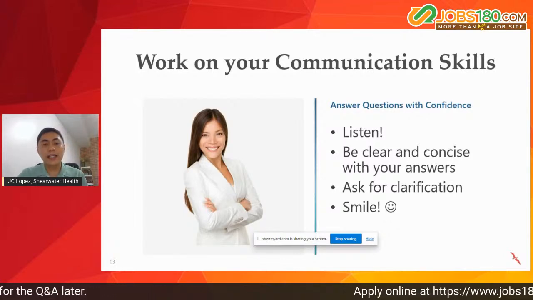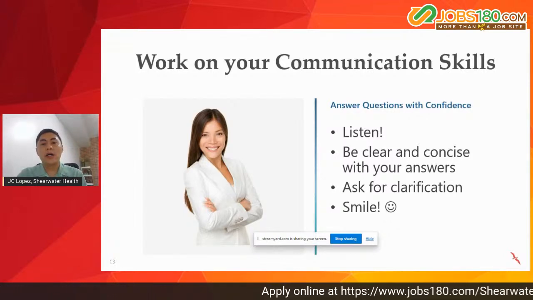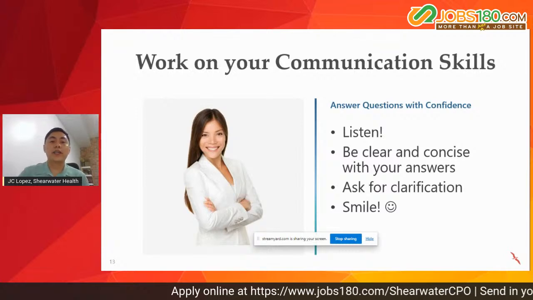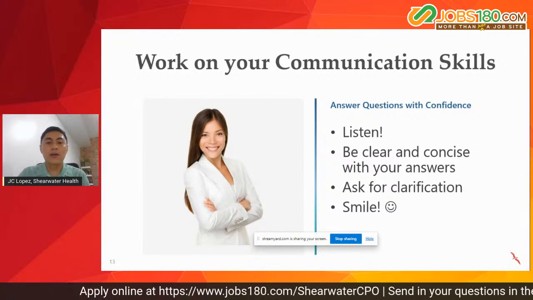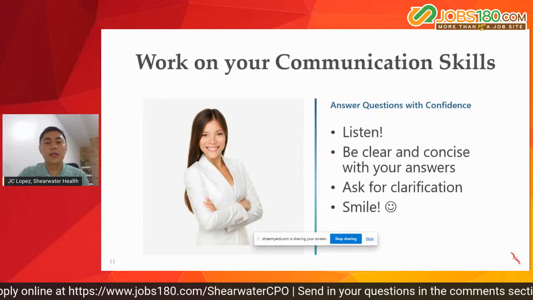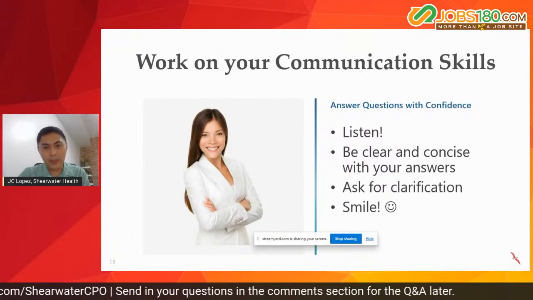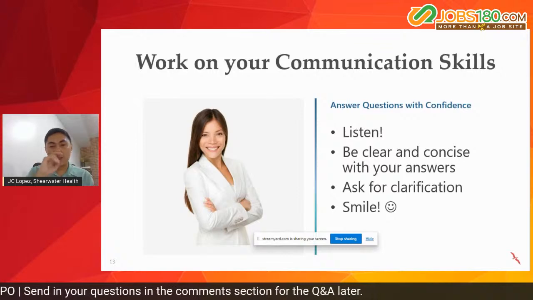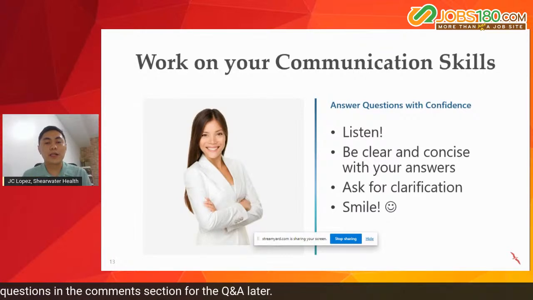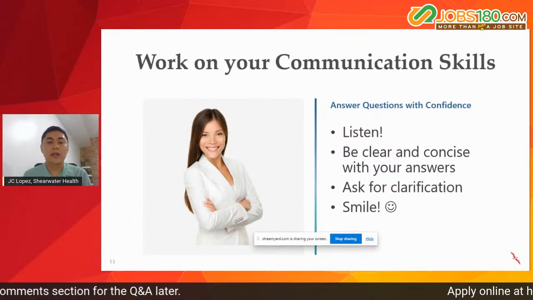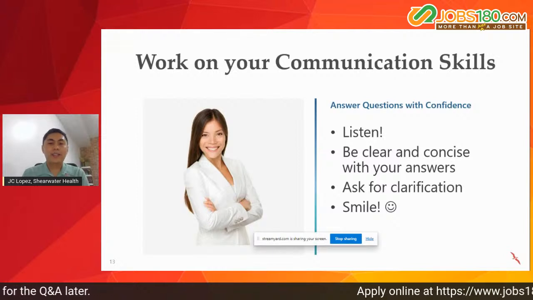Or a company that is catering to local clients. Kasi doon, pwede kayo mag-Tagalog or mag local dialect or local language, right? But if it's a multinational company, which most of the applicants would look out for, expect always that you will have to speak in English at all times.